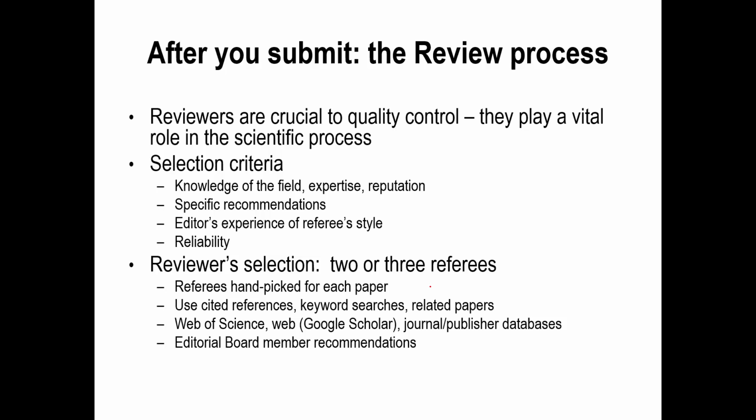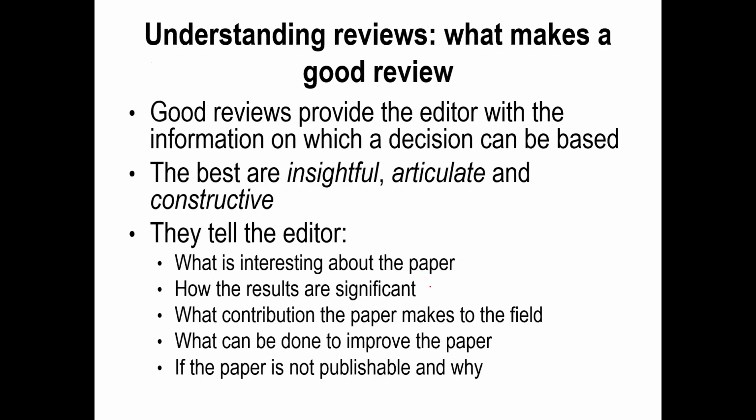We handpick reviewers for each paper. We can use the cited references based on the kind of work they have published, or we can check Google Scholar, and also use editorial board member recommendations, and then assign them your paper.